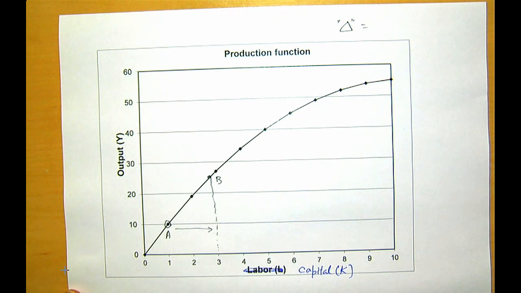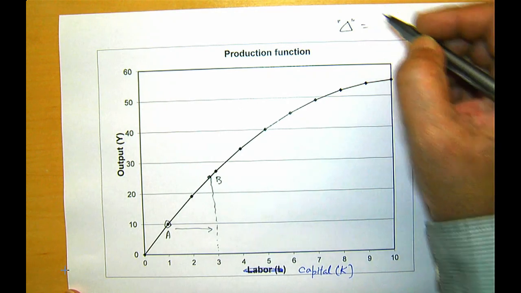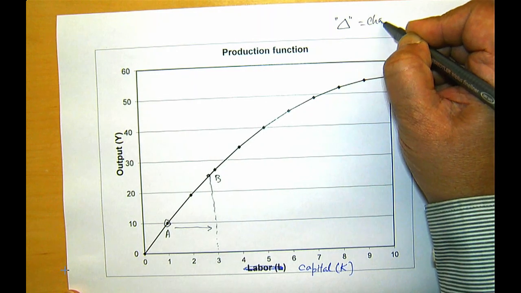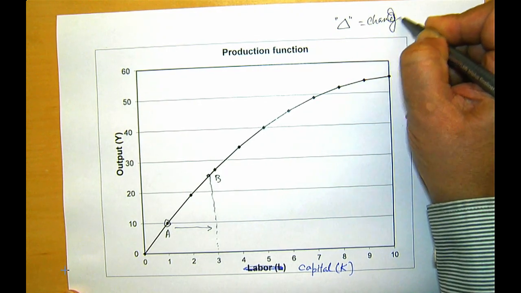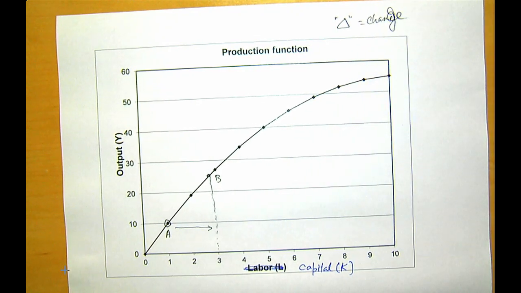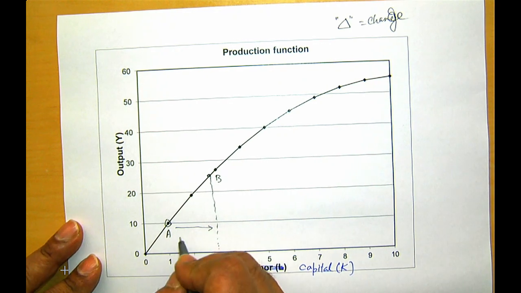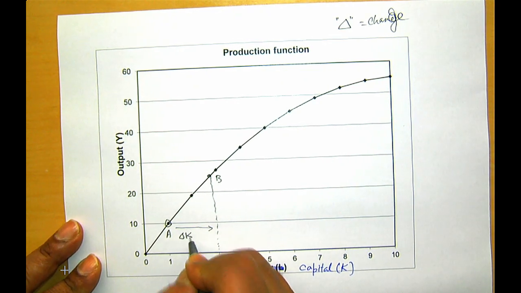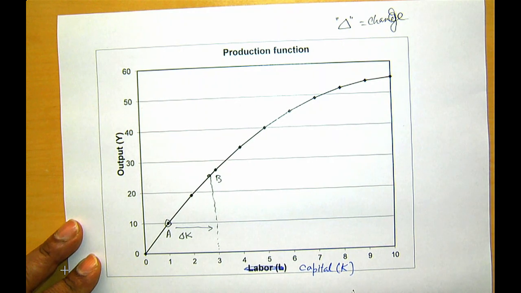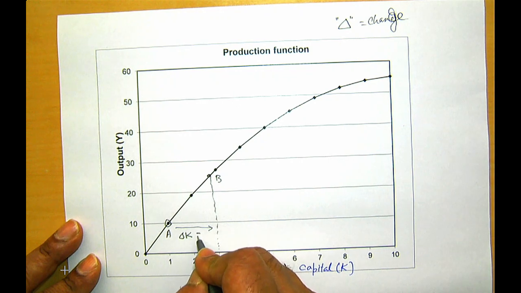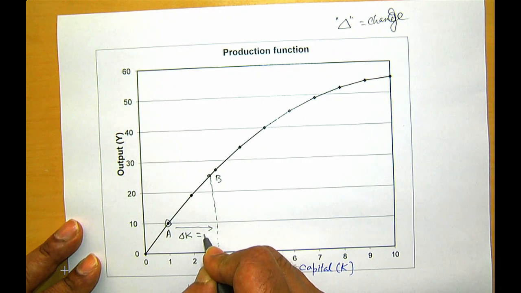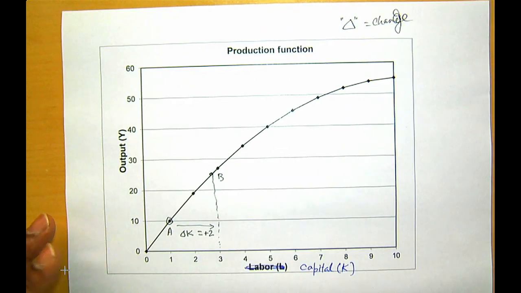If you call this K capital, this will be delta K, the change, because I'm changing capital, the number of restaurants. 3 minus 1 is 2, so it's plus 2. Is everyone okay with that?